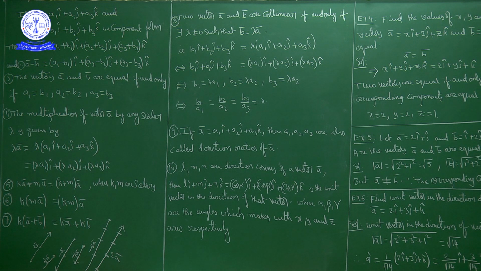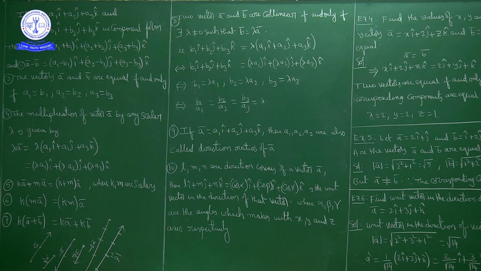For example, it is given as A bar is equal to 2i cap plus 3j cap plus k cap.